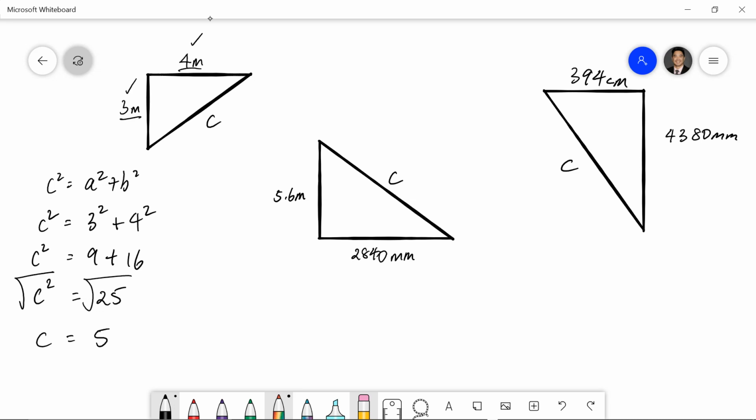Because both units to begin with were in meters, our final answer is going to be in meters as well. If the question asks you to put it into centimeters, then you convert the unit of measurement at the end. All right, let's move on to the next one.